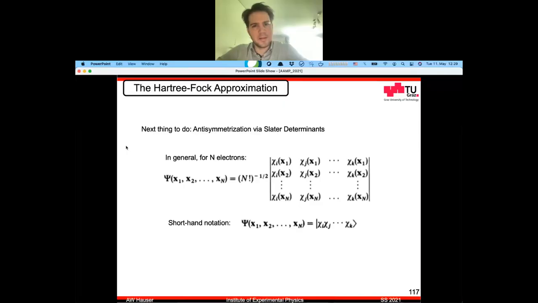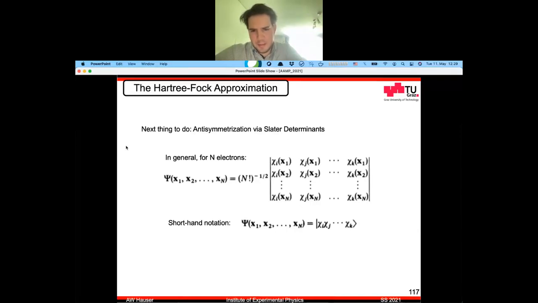And in order to get this antisymmetric total electron wave function, we fall back on the Slater determinant idea. We have learned about this last time. We can write an n by n matrix and take this determinant to automatically have an n electron wave function which fulfills all the criteria, namely it changes its sign if we exchange two electrons.